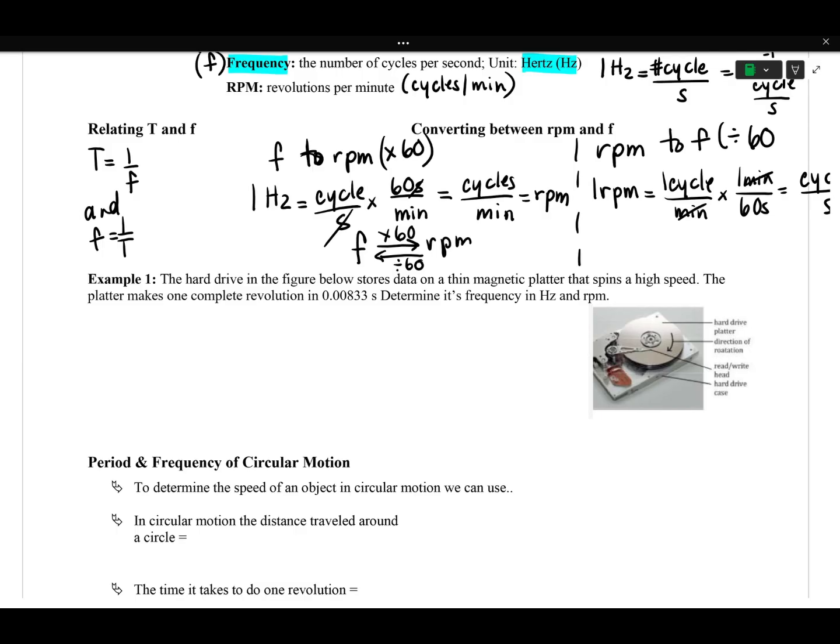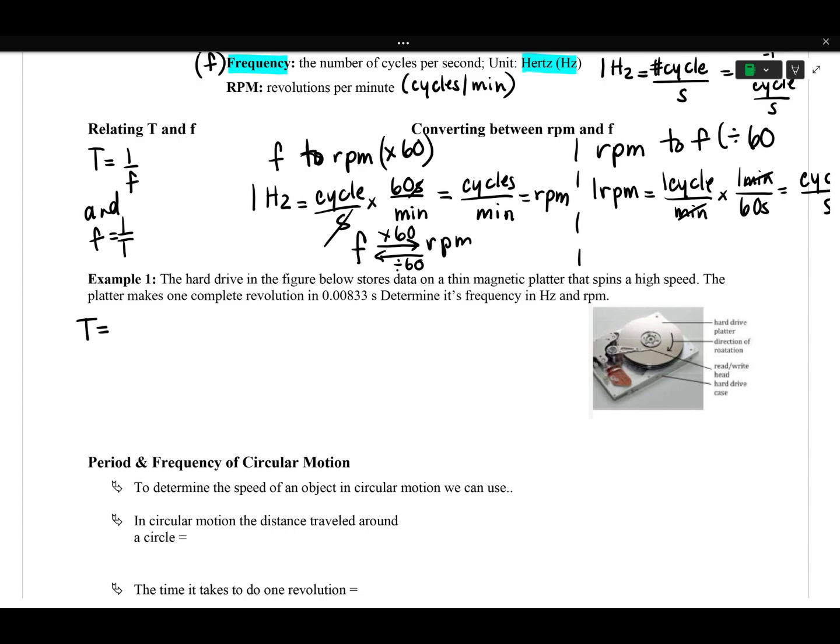So, they're telling you that you make one revolution in 0.00833 seconds. So I am telling you how long it takes to make one cycle. So how many seconds for one cycle? What quantity is this?